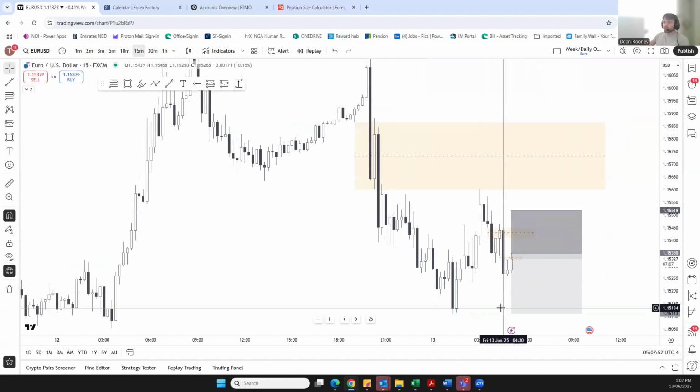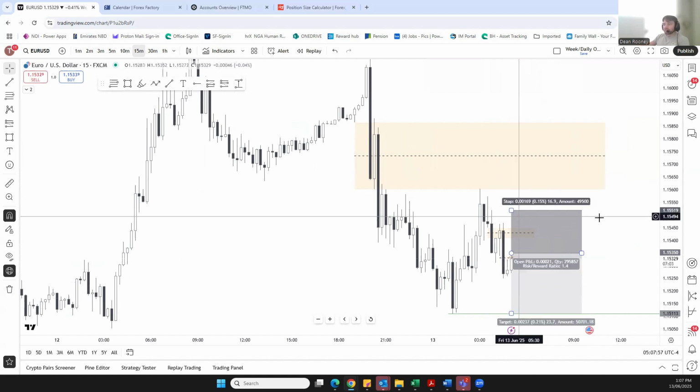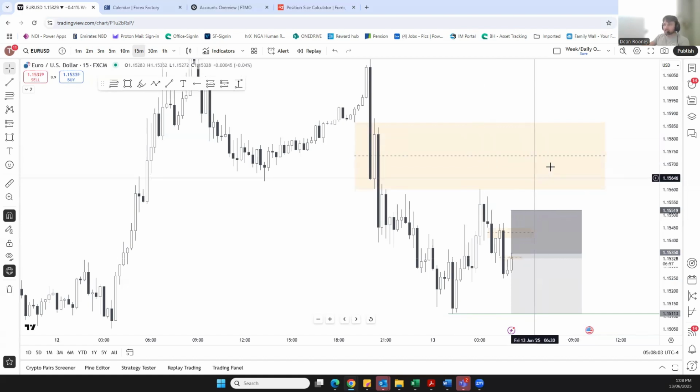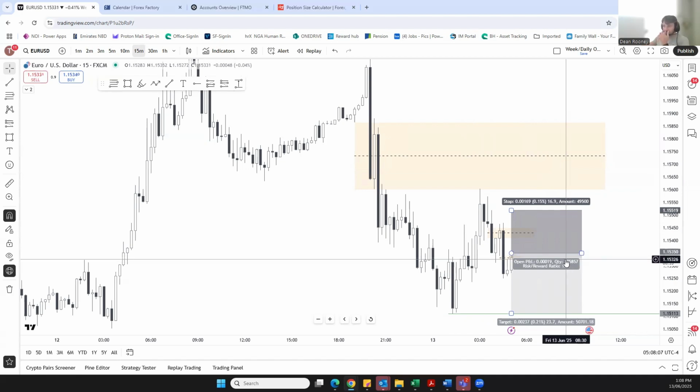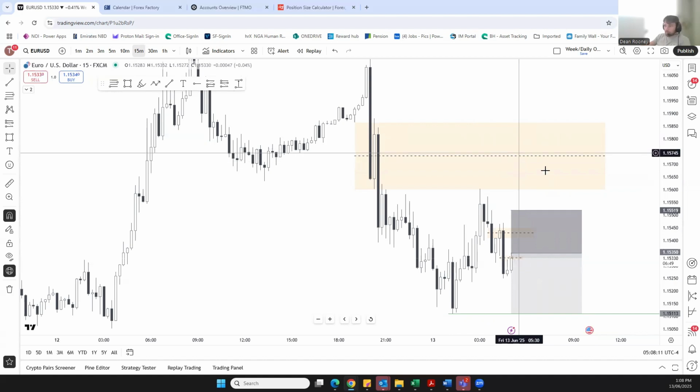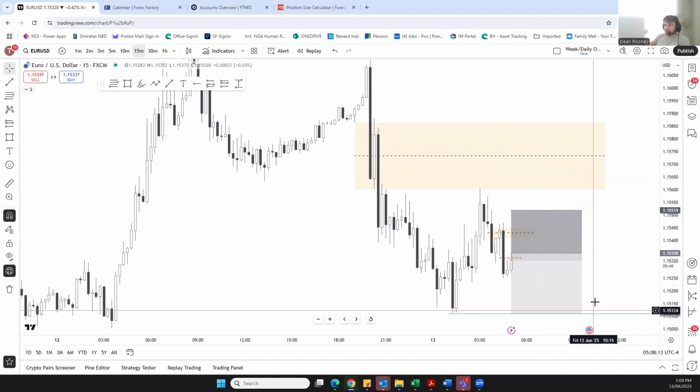And you would need to see something quite significant happen for you to then still believe. So potentially it comes up here, has another run up into here, and then you start to see displacement fast. Then yes, there's the potential that it's came in higher into your fair value gap, and then it's going to run lower.